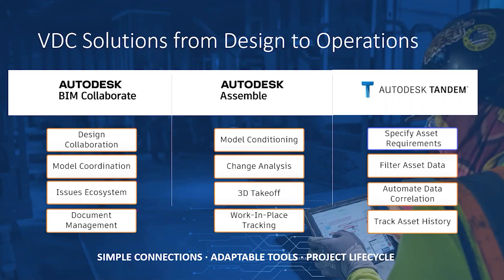We can automate the data correlation between the design models and the digital twin models. And most importantly, we can track our asset history and what's taken place with those assets, more from the standpoint of after construction is completed and into the owner's maintenance and operations of the facility moving forward.